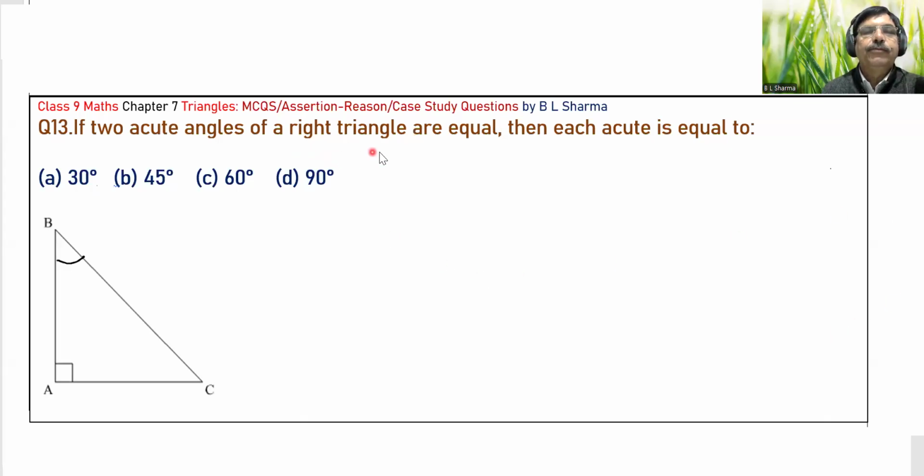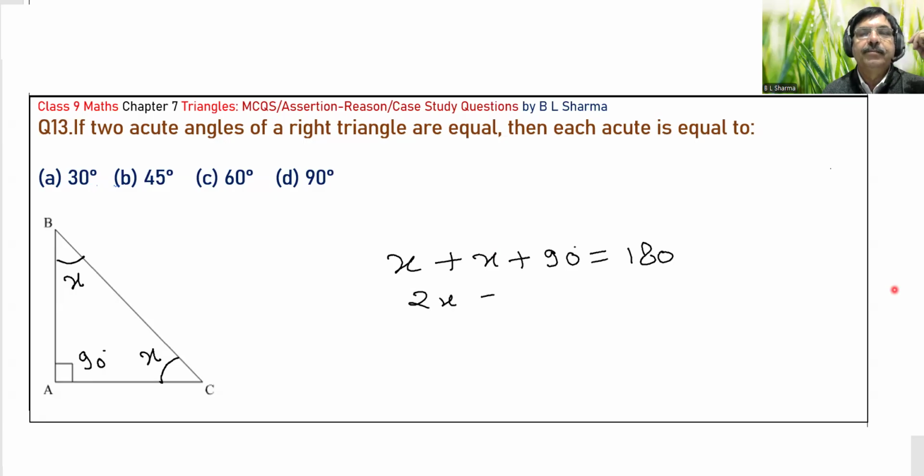If two acute angles of a right triangle are equal, then each acute angle is equal to what? Which degree? Say, let angle B and angle C are acute angles. Angle B is equal to x degree. Angle C is also x degree. And the right angle is 90 degree. Sum of all three angles is 180 degree. So x plus x plus 90 is 180 degree.